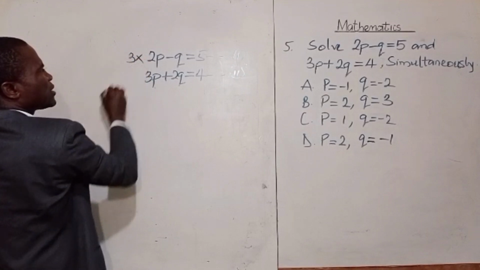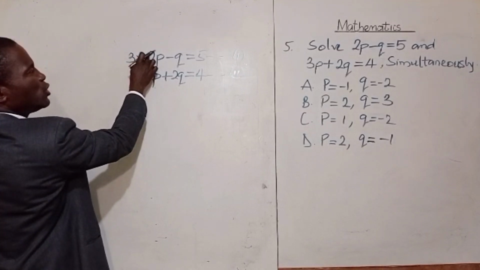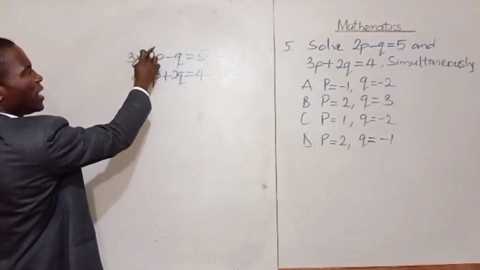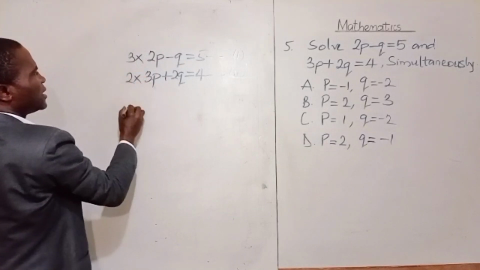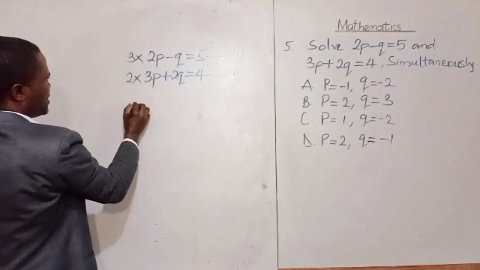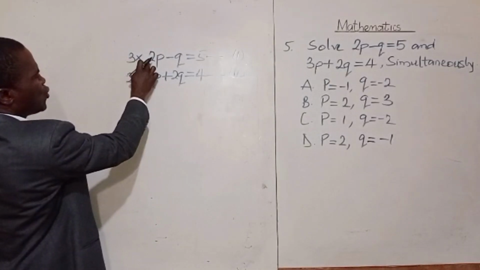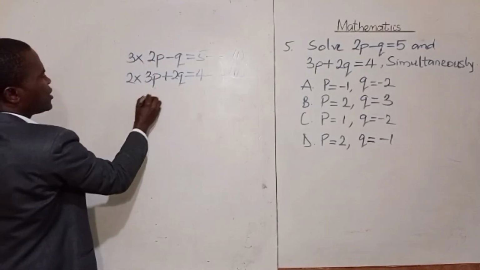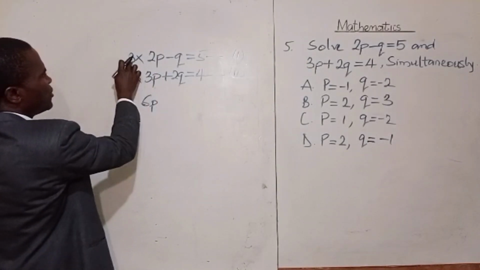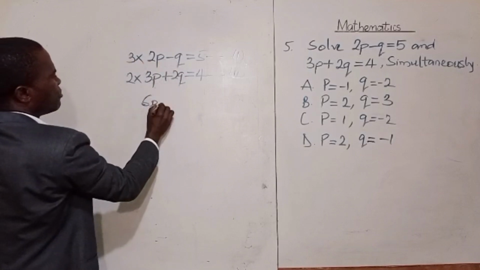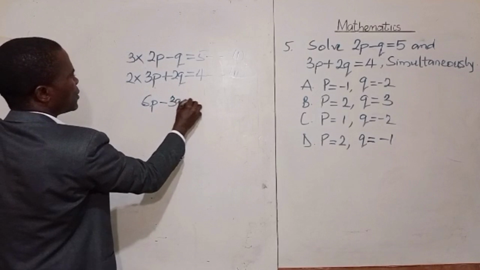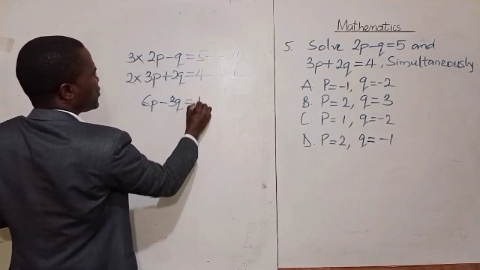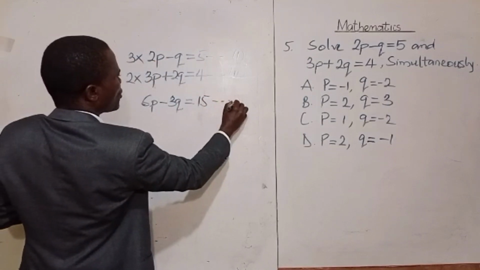That is 3 times this. Then I'm going to use this 2, which is the coefficient of p here, to multiply equation 2. In that, we are going to have 3 times 2p, it gives us 6p. 3 times q, it gives us minus 3q. And 3 times 5, that is 15. This is equation 3 now.